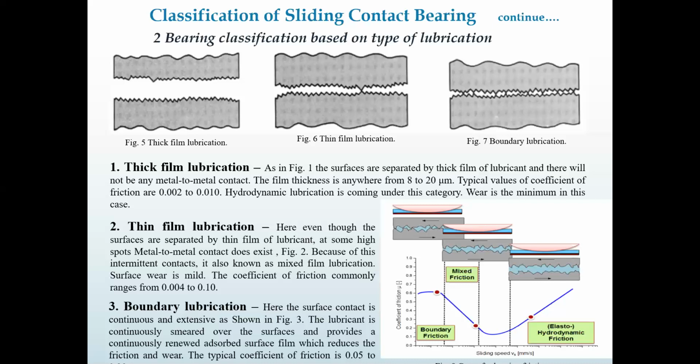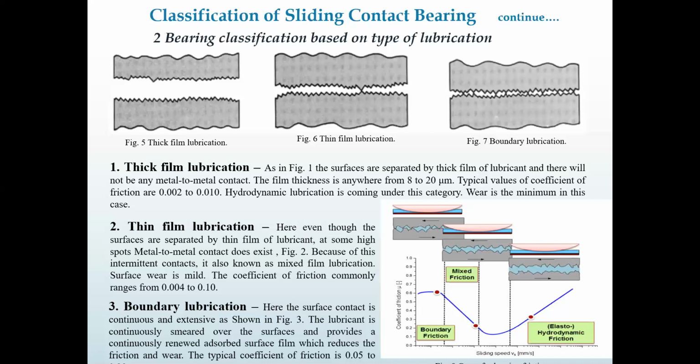At the starting or end condition, the friction and wear are more because there is a very thin film between these two sliding surfaces. Typically the coefficient of friction is 0.05 to 0.07. As shown, you can also find the graphical representation of these regions.